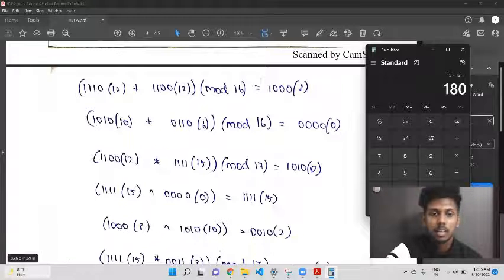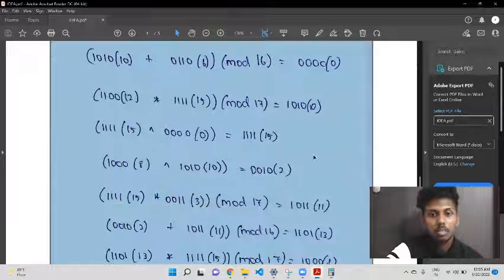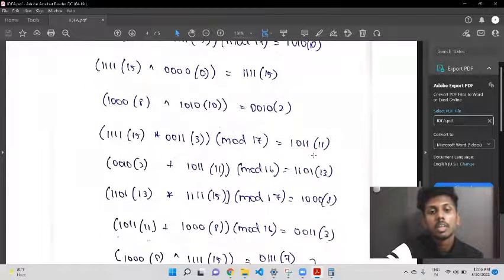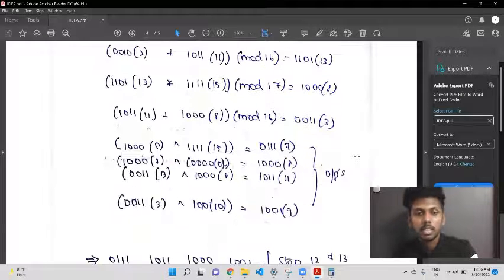Yeah, and if we do the power, 15 XOR 10 is 5, 8 XOR 10 is 2. 15 into 3, that is 45 mod 17, is 11. 2 plus 11, that is 13 mod 16 is 13. And if we proceed according to the steps, we will get this answer.